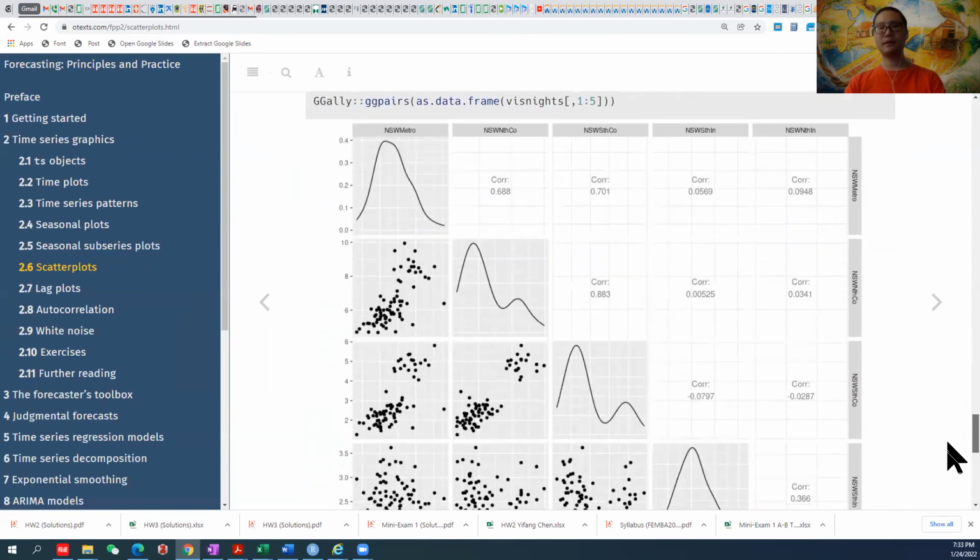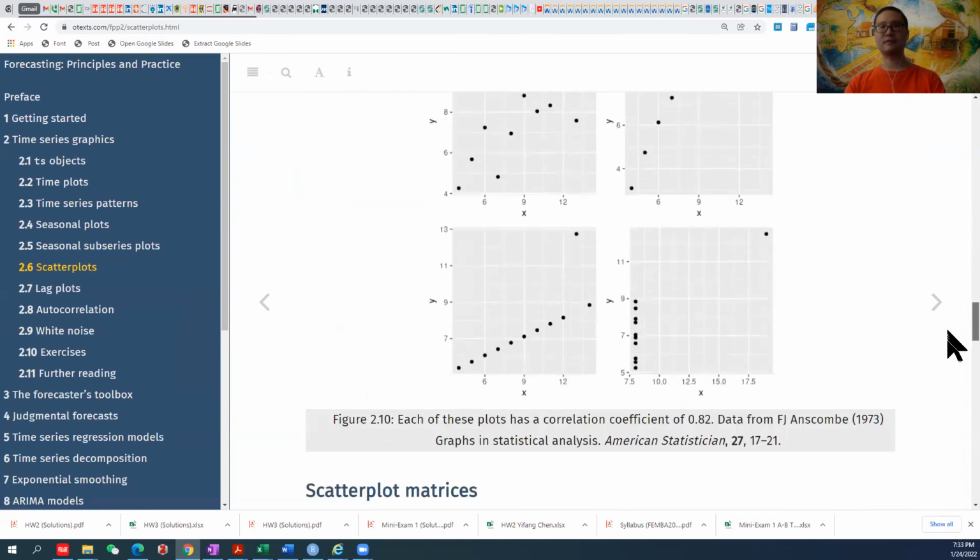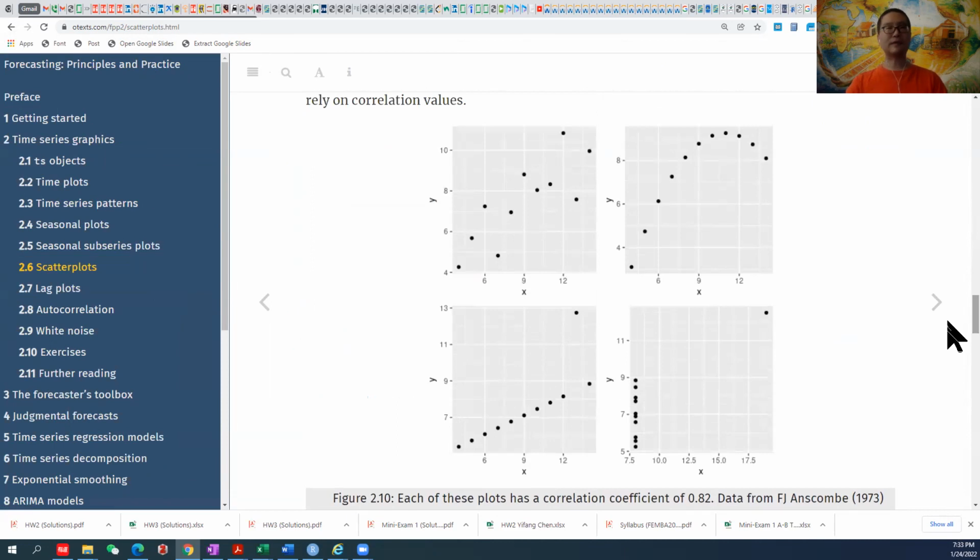You will learn about adding a quadratic term next week, I believe, if not the week after next. So in this plot, we would only need one predictor, x. In this plot, we would need two predictors, x and the square of x.